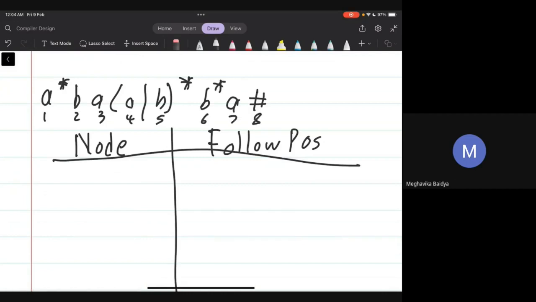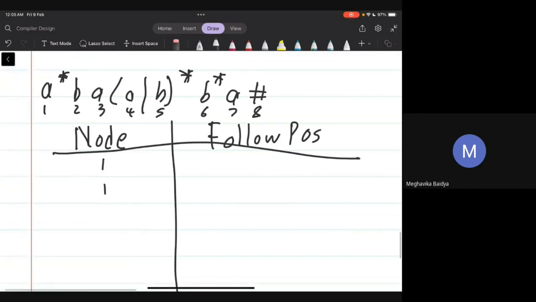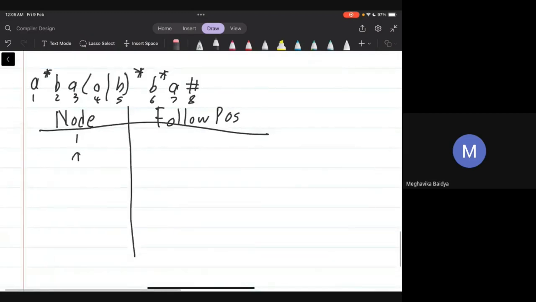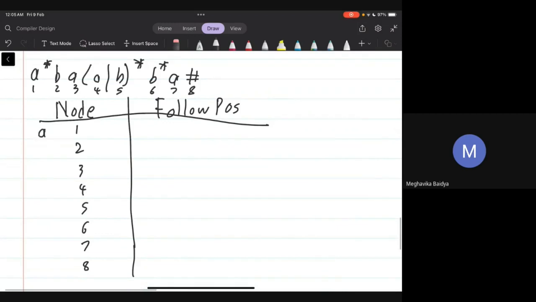Now you write 1, 2, 3, 4, 5, 6, 7, 8. And you can write the same thing here: a b a b b a hash.